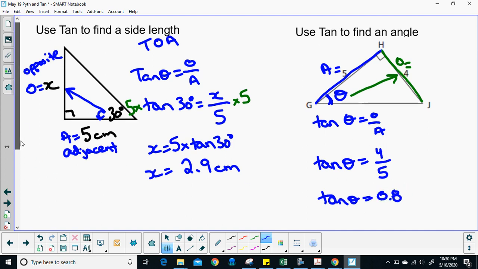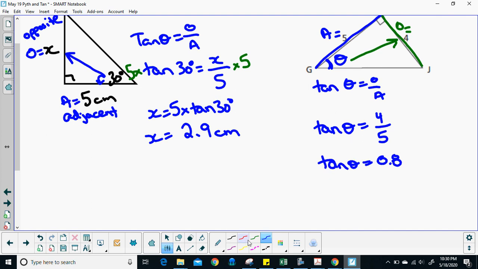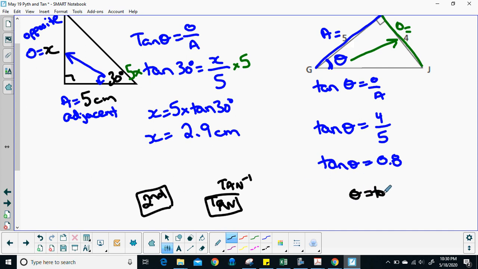Now, how do we get our angle all by ourselves? So this is where you have to use your second function on your calculator. So above tan, you'll have your button with your tan. Okay, there's my button. Up above it, you generally see a tan with a -1. So to get there, you have to push your second function to get to it. So to get my angle all by itself, I need to get tan -1, so tan inverse, 0.8.